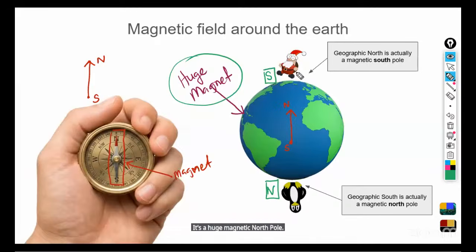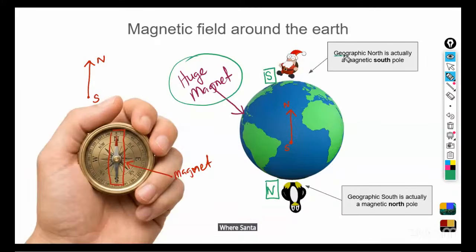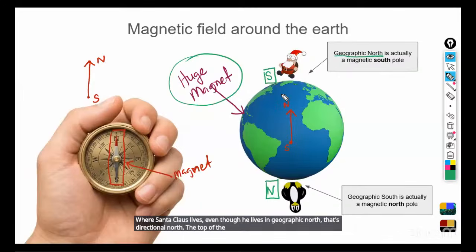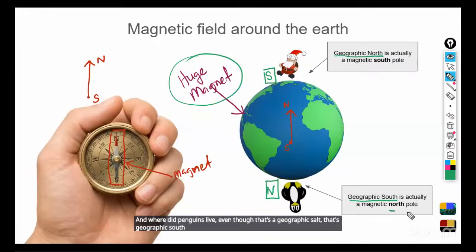Let's just say you always knew that the Earth was a magnet. Where Santa Claus lives, even though he lives in geographic north, that's directional north, the top of the Earth is actually a magnetic South Pole. And where the penguins live, even though that's geographic south, it's actually a magnetic North Pole.